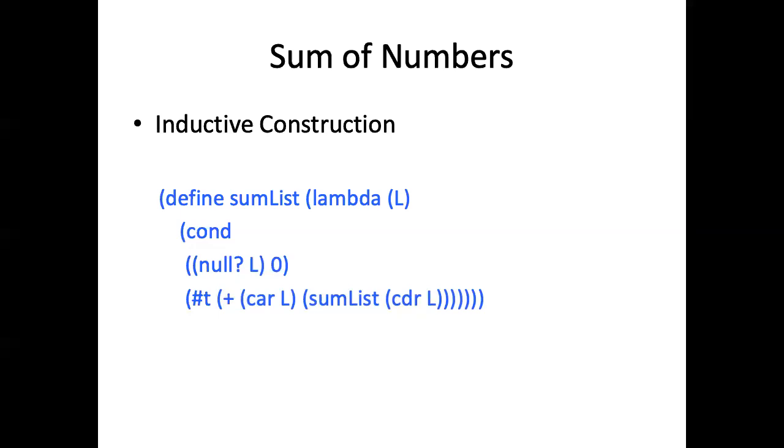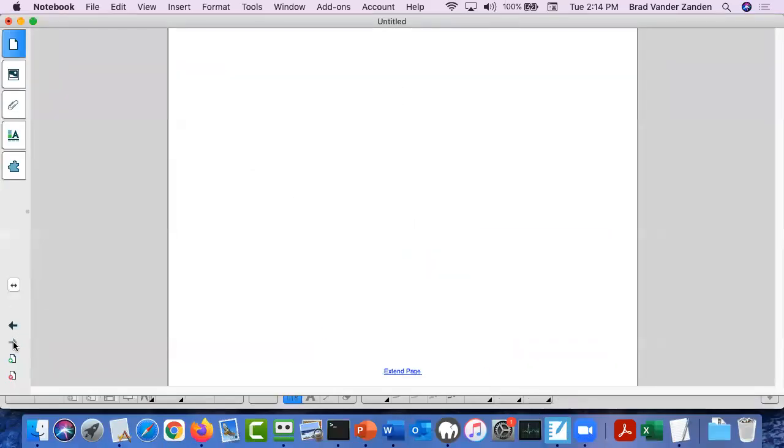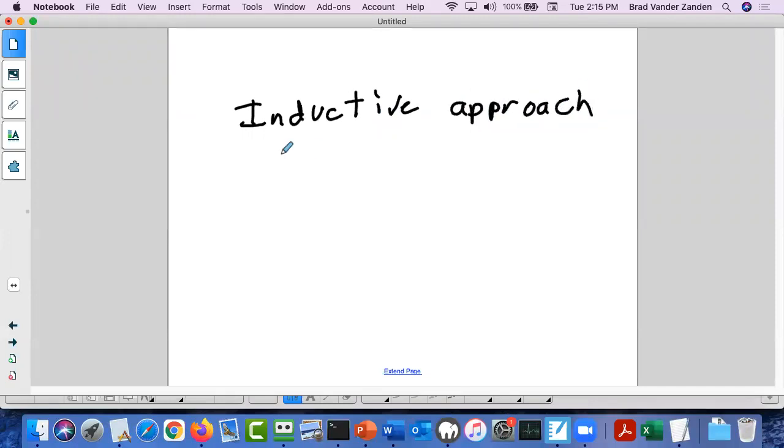So the inductive approach is saying, okay, I know how to solve the problem. Let's actually go back. The inductive approach says, okay, I can solve this problem for any list of size n or less than or equal to n.